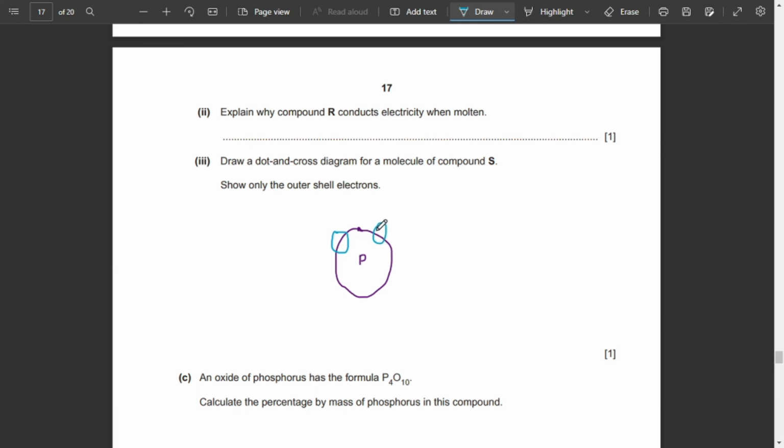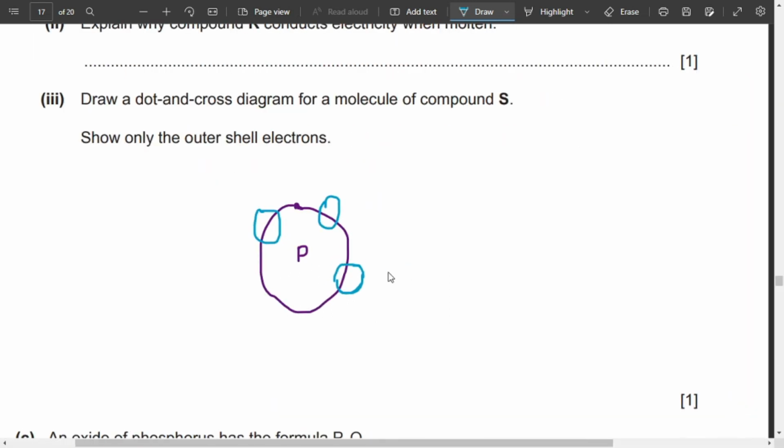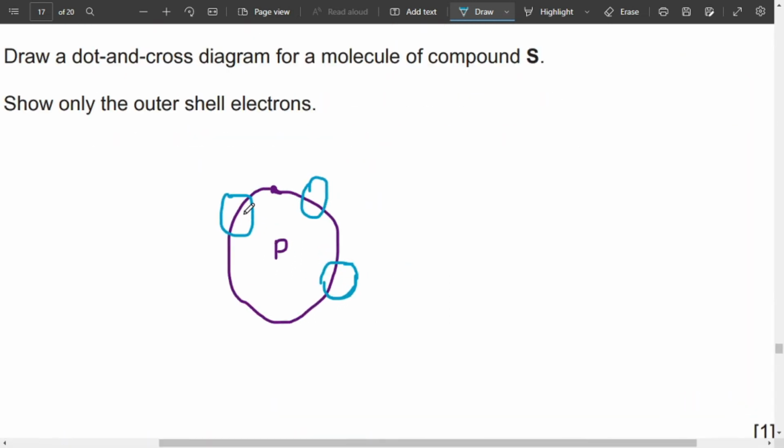Guys, this is really random and not so perfect, so make sure you do it better. Let me just zoom it in for you. So we'll have a hydrogen electron here, and a hydrogen electron here. These are basically 3 hydrogen atoms which have been forming covalent bonds.